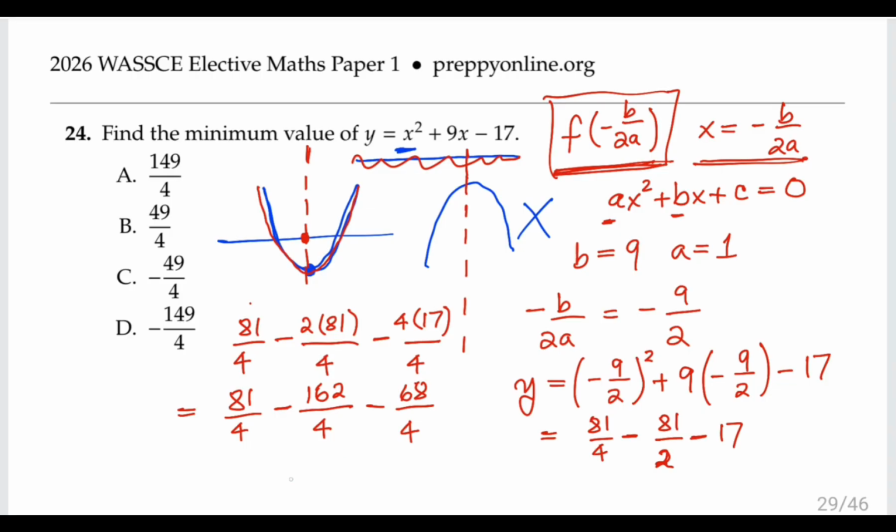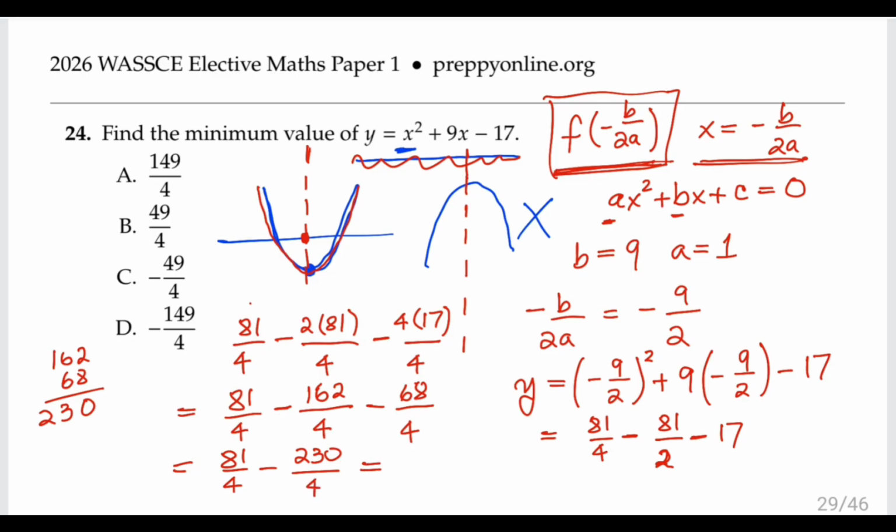We have 81 here. We have minus 162. We have minus 68. So let's add the 162 to the 68 and see what we get. We get 0. 6 plus 6, 12, 13. So we get 230. So that's minus that. And we have that plus 81. So basically this is equal to 81 over 4 minus 230 over 4.